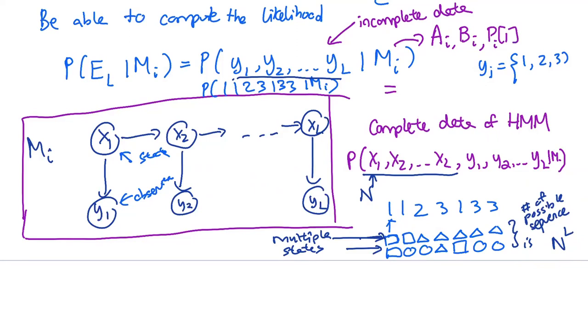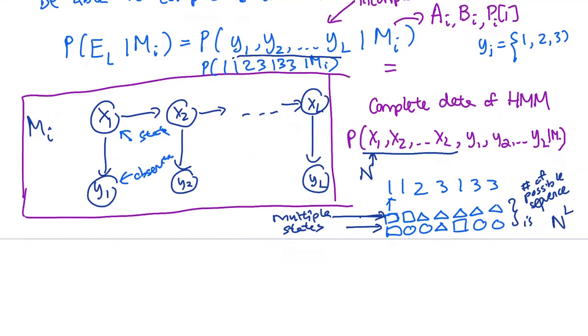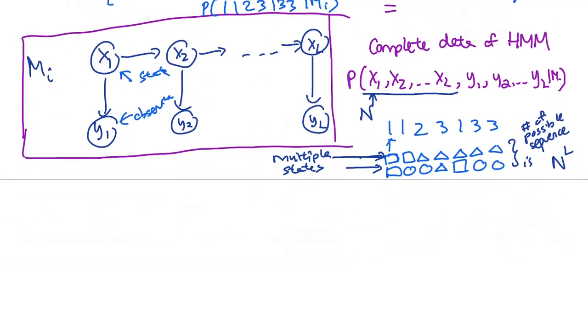So that's one thing, is that I know exactly what I need to do, which is to compute this likelihood function for all my possible models, right? I tell you that my observation, the observed value, is 1, 1, 2, 3, 1, 3, 3.